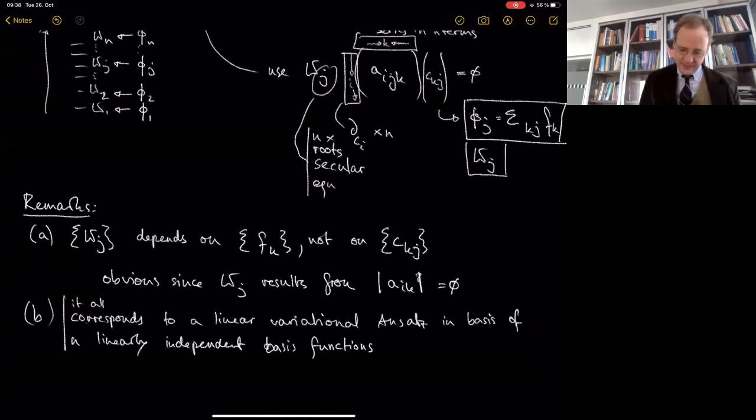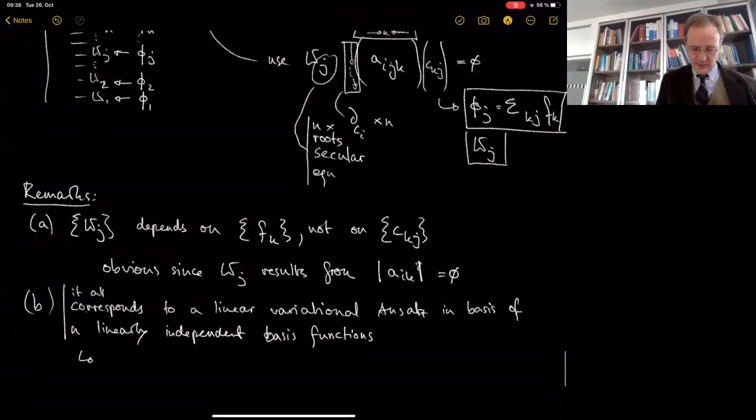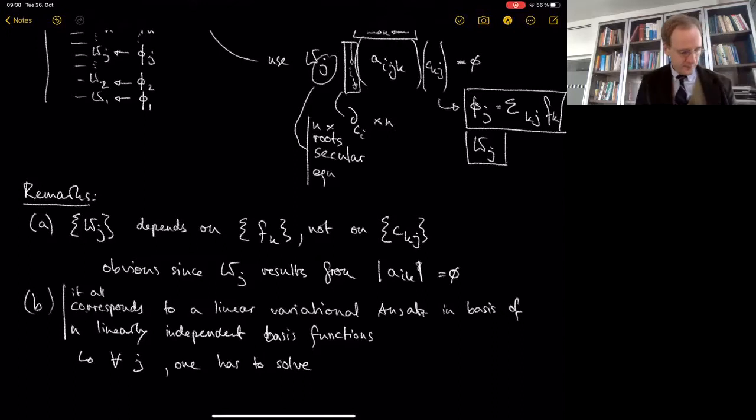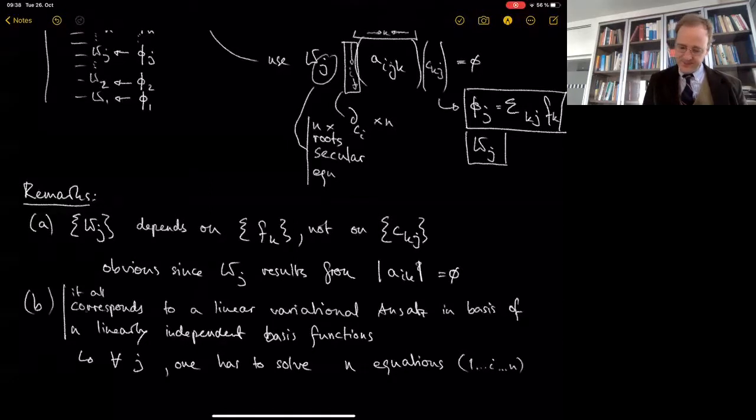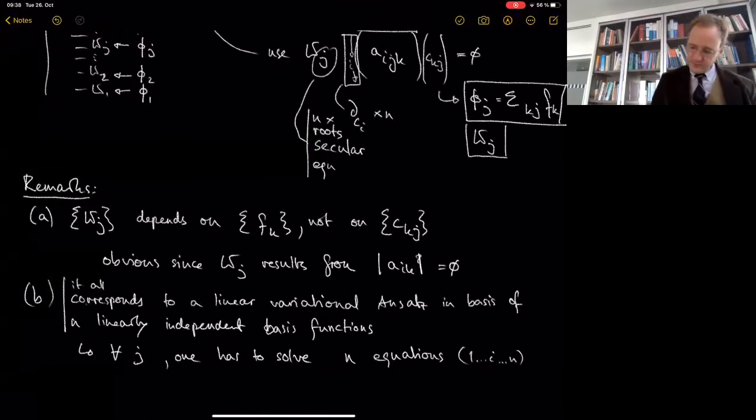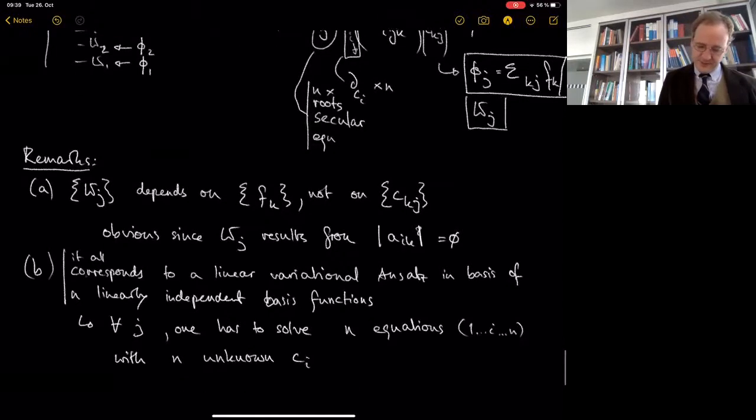So for all j, right, one has to solve n equations, i from 1 to n, with n unknown c i's, right?